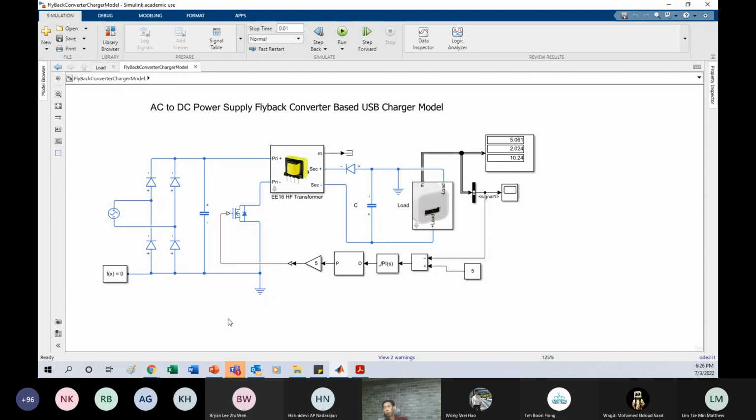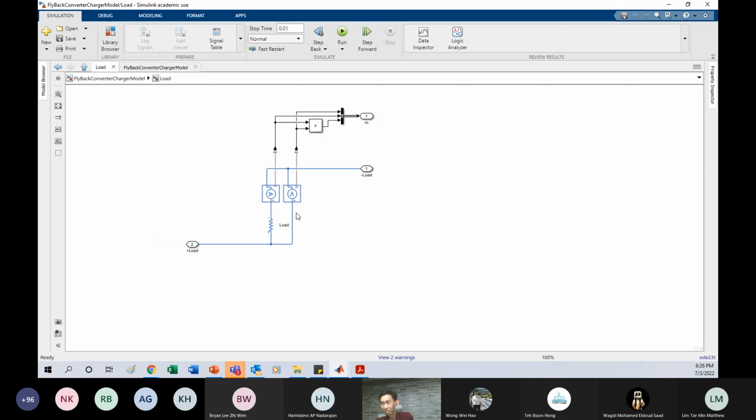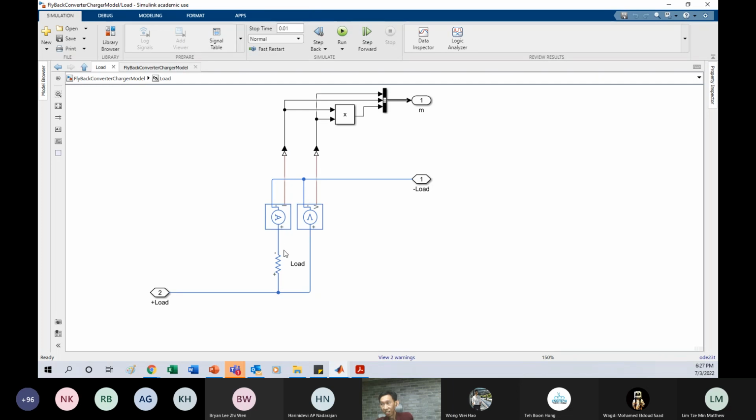Can we see the inside of the charger? Can. Inside the charger is just a resistor. Okay, a resistor, current, and a voltage. Then I take the voltage and current, multiply and get the power. So I will have voltage, current, and power.